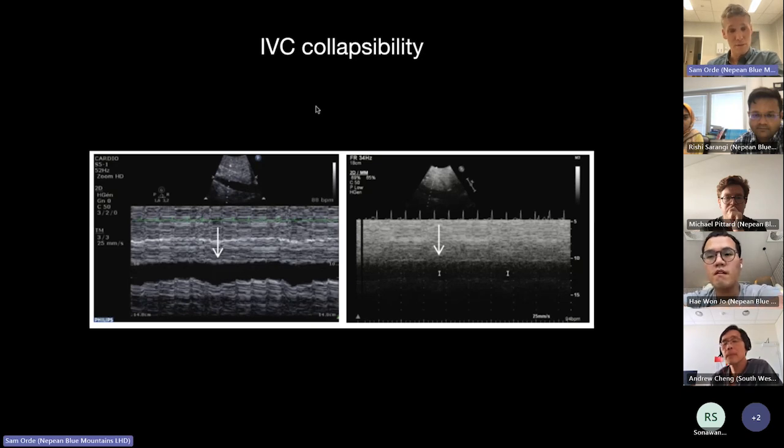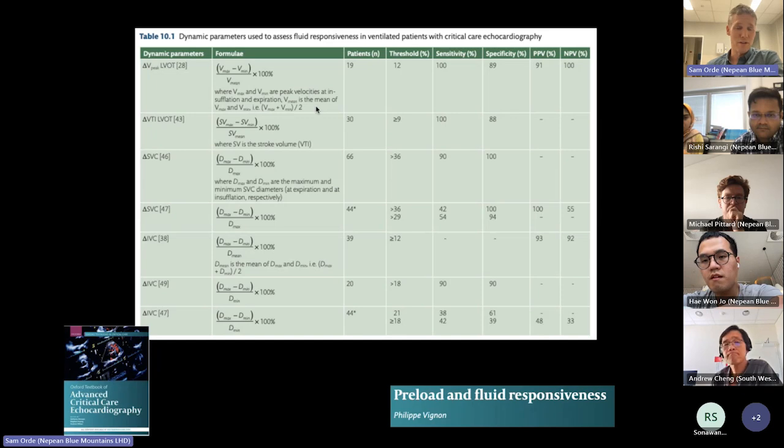But in an exam, you've obviously got to mention it. And it's got better evidence than using IVC as a static parameter. But this is a collection from the Advanced Critical Care Echo textbook, and Philippe Vignon's chapter, which summarizes quite nicely the evidence with the thresholds and the sensitivity, specificity, and positive and negative predictive values.